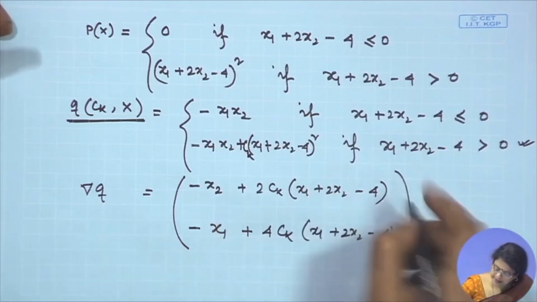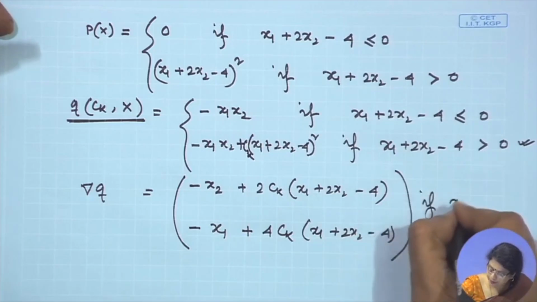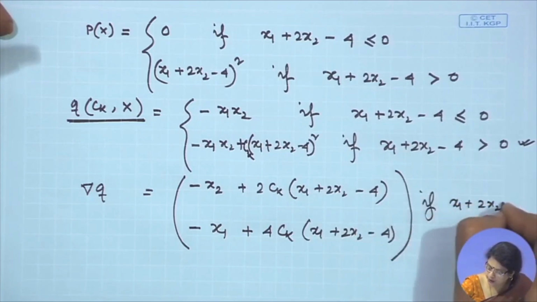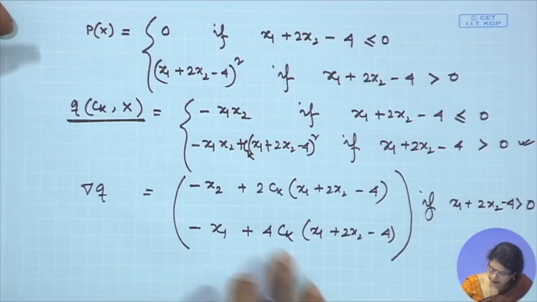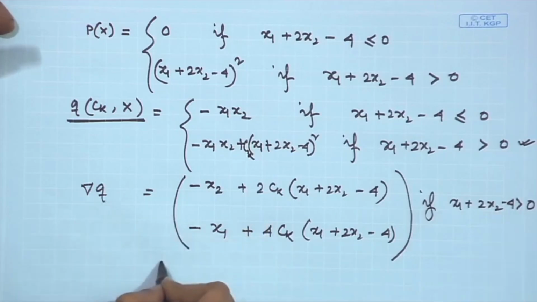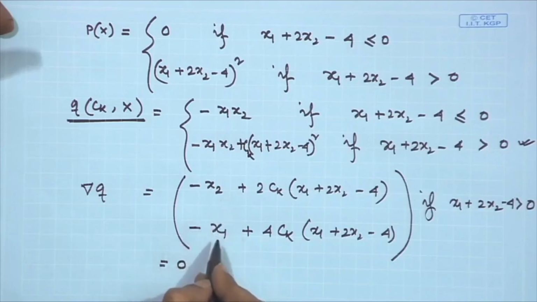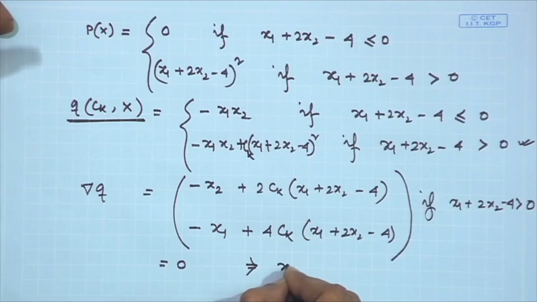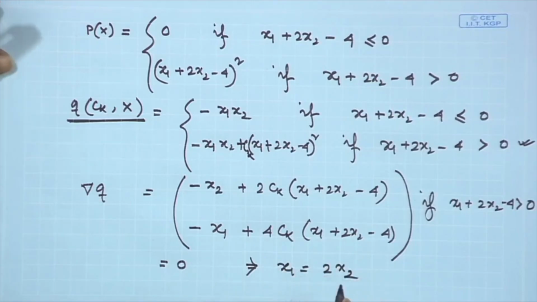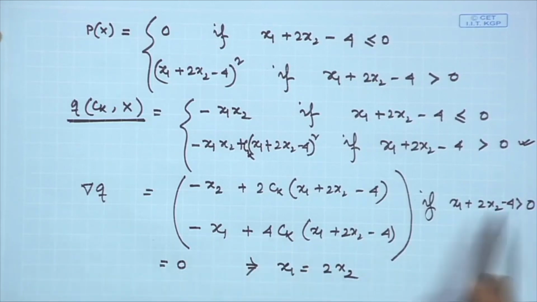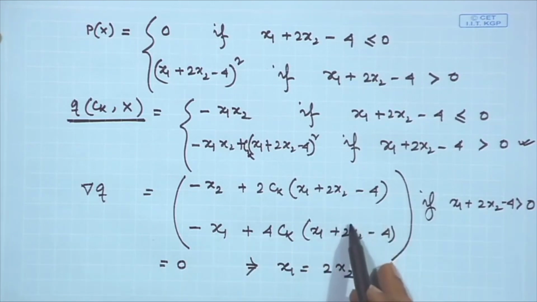Now, this is the case if x1 plus 2 x2 minus 4 is greater than 0. Now, the gradient must be equal to 0. If the gradient is equal to 0, we get from here the condition that x1 must be equal to 2 x2, because this value is greater than 0.